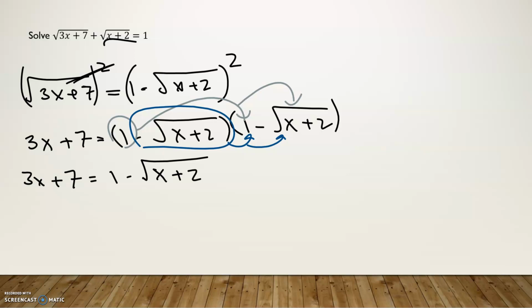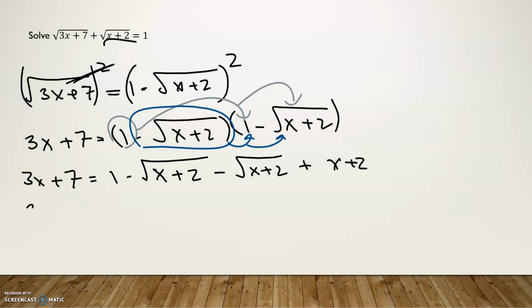So that's going to be negative square root of x plus 2. A negative times a negative is a positive. Now, a square root and a square root will cancel each other out, so I'm left with what's inside, just the x plus 2.